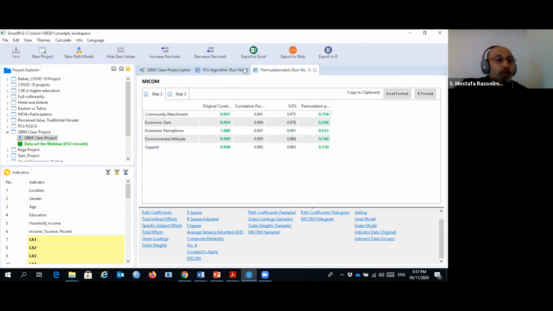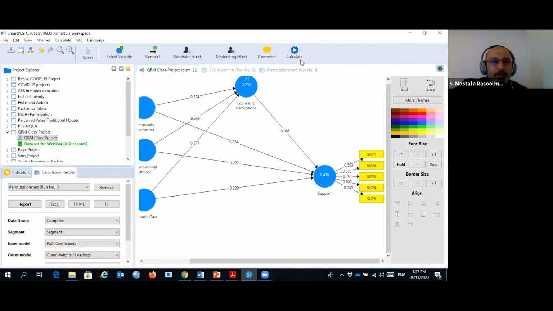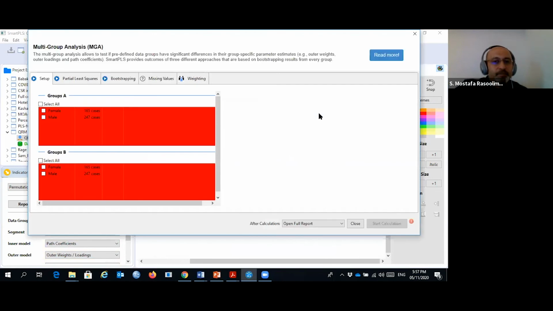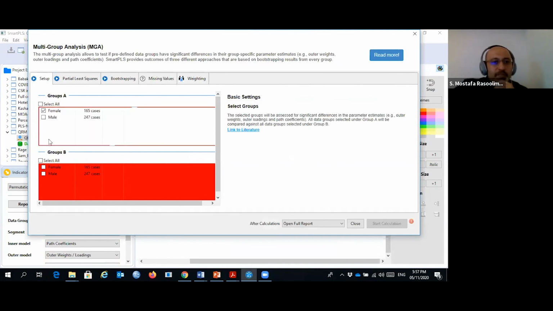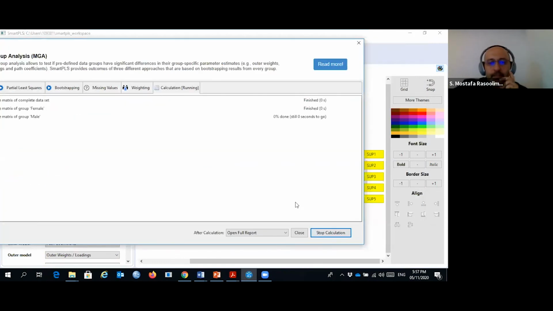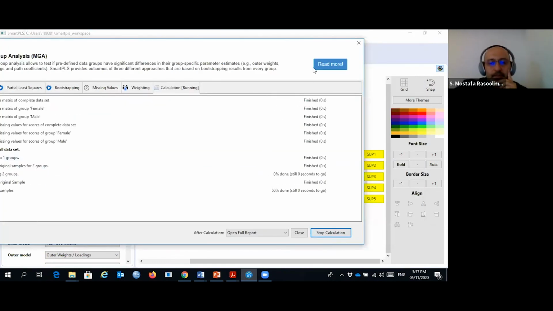When we make sure about partial measurement invariance, we can now run MGA. One group is female and the other group is male. Then start the calculation.